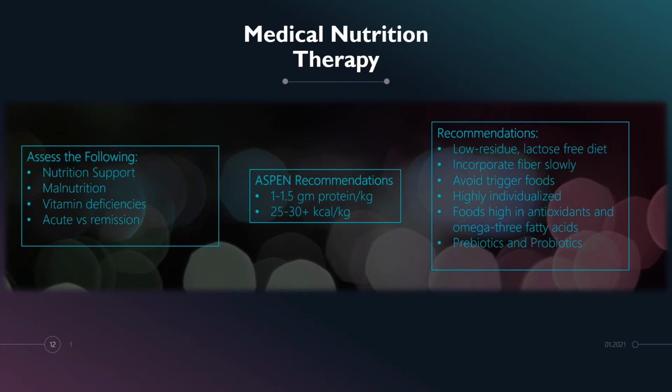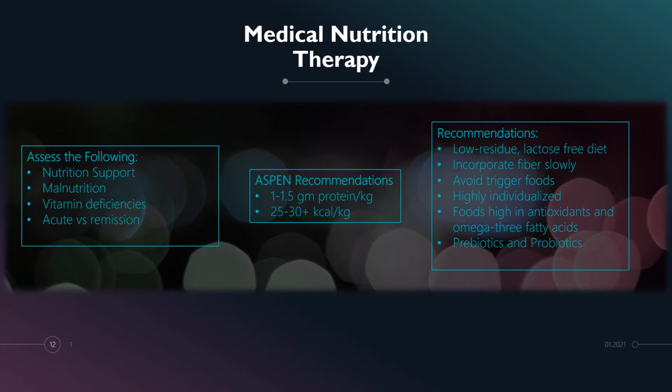And so you can see things like protein calorie malnutrition along with various nutrient deficiencies such as in iron, magnesium, zinc, calcium, vitamin D, vitamin B12, and folate, as well as other fat-soluble vitamins.